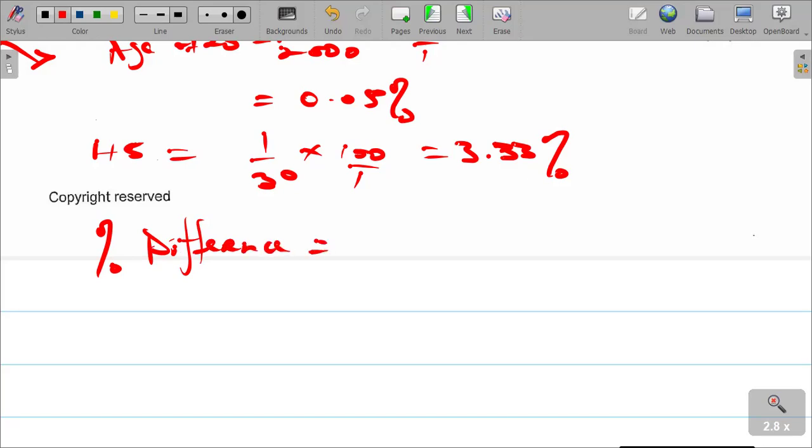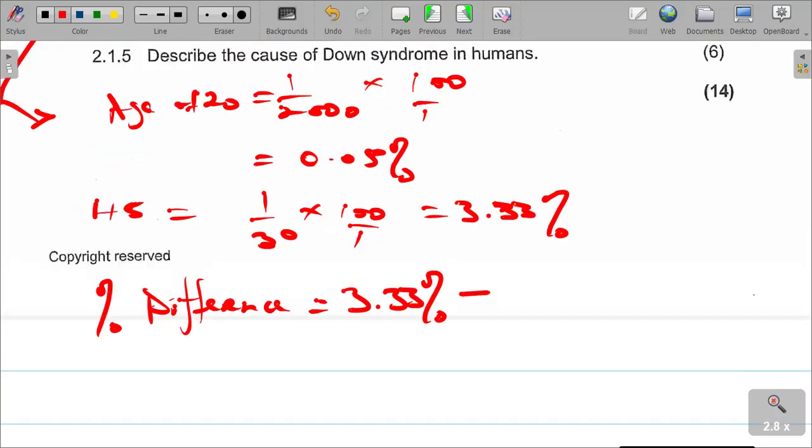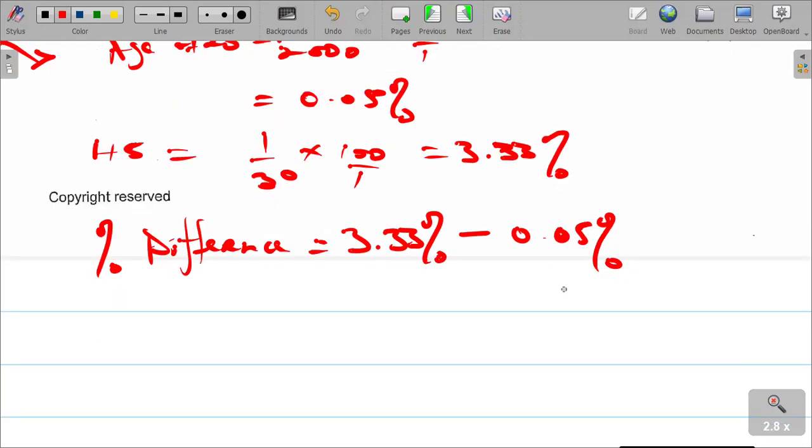So we are saying the percentage difference is equal to 3.33 minus 0.05. If we subtract that, it will give us 3.33 minus 0.05, which gives us 3.28%.